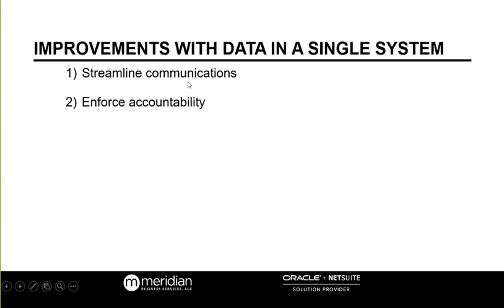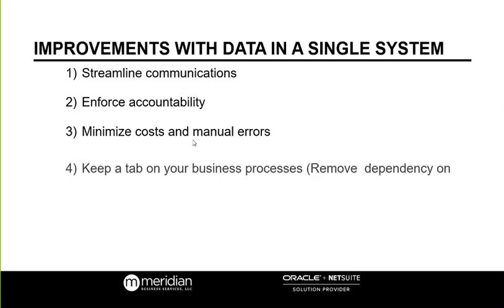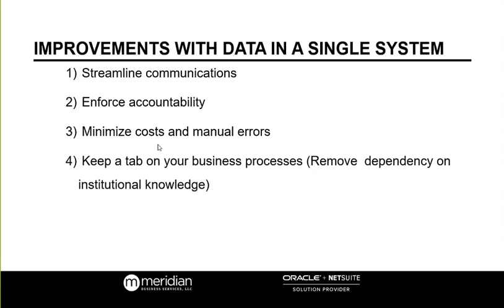So having everybody in the same system on the same page and enforcing accountability, so you can see what everybody else is doing without having to log into a separate system, whether it's e-commerce, being able to see all the e-commerce data and the analytics right on the same system where you're seeing your financials, where you're seeing your sales pipeline.